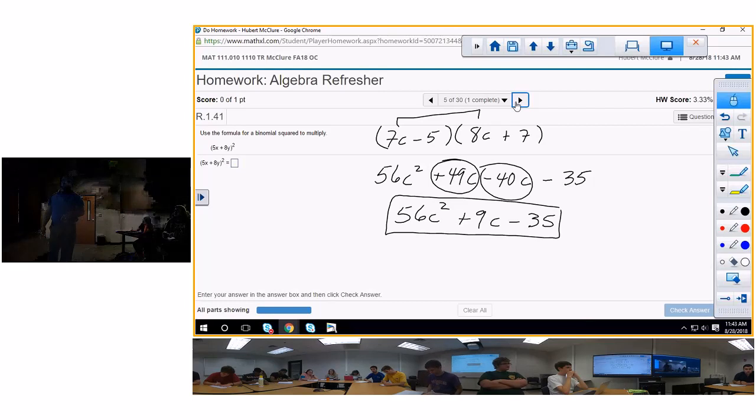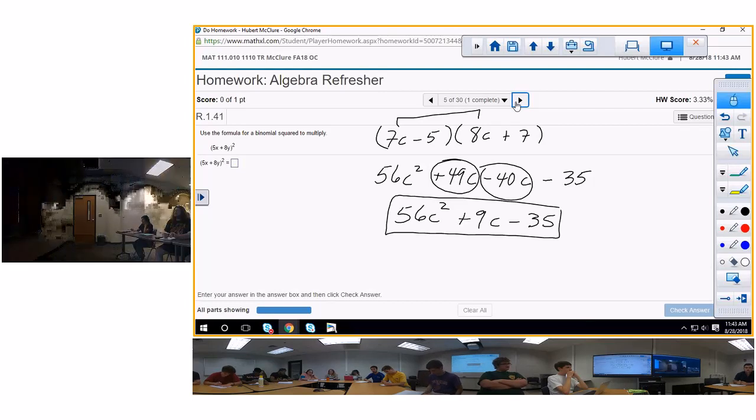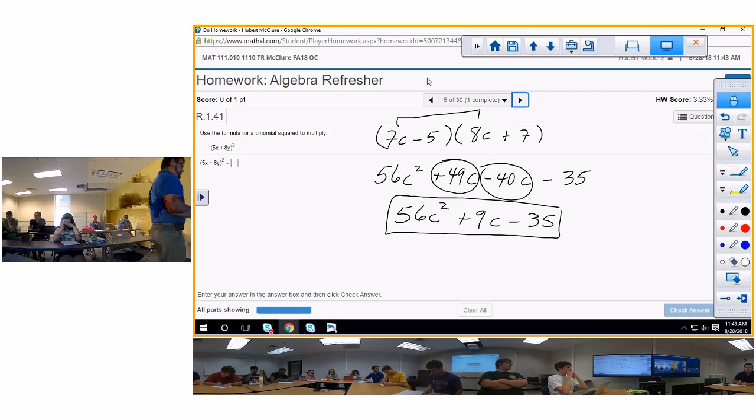I'm not typing all that in, so I'm just going to type in 3, and then y'all can see what the answer is. Shortcut number 1.